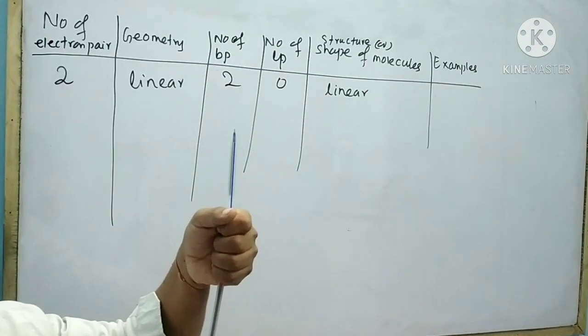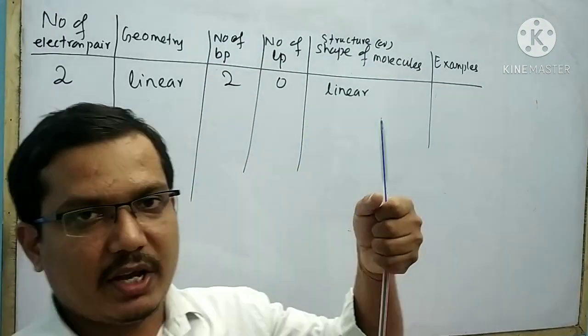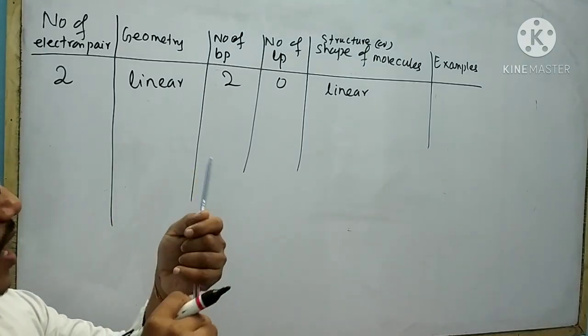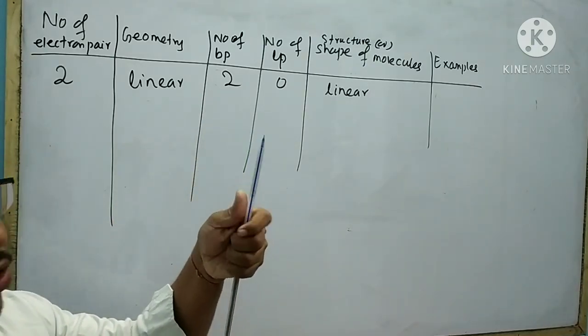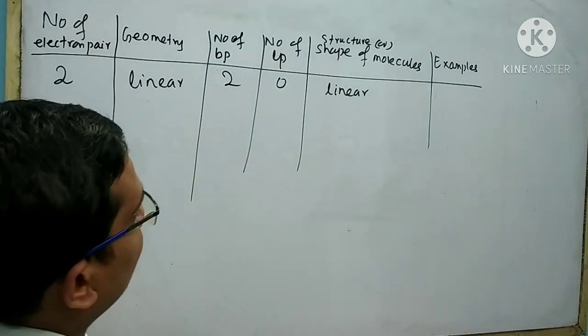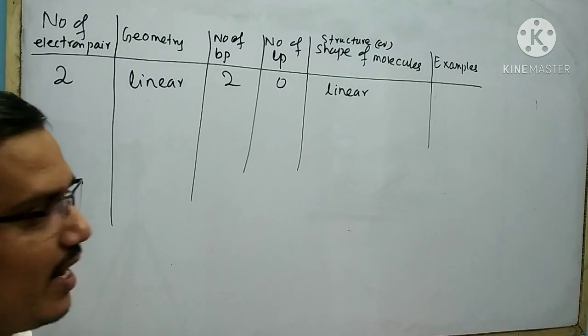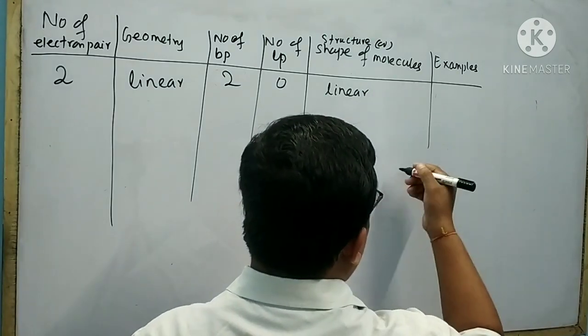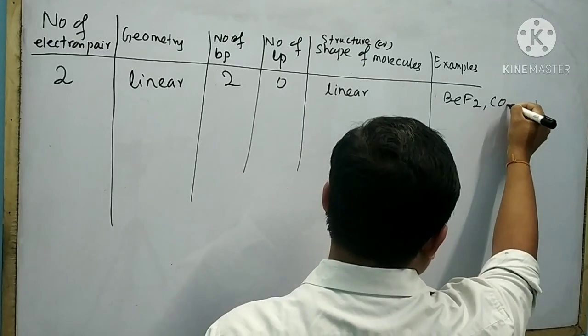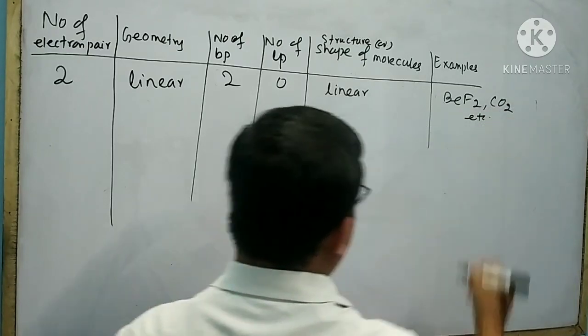That's why the molecule becomes stable. If these two electron pairs are bond pairs and there is no lone pair, then the shape and geometry of the molecule are the same. Take examples like BF2, CO2, etc.